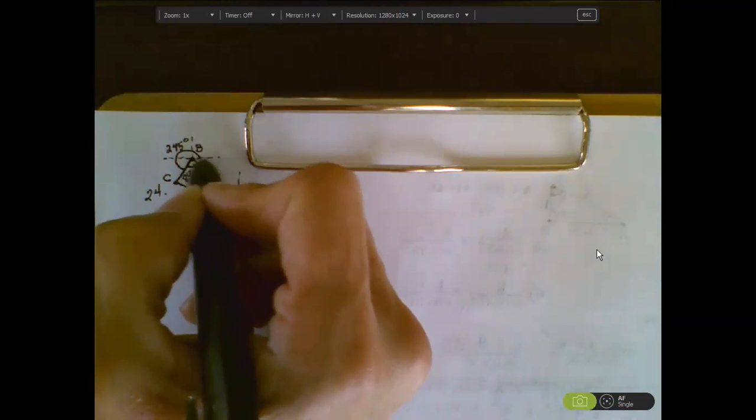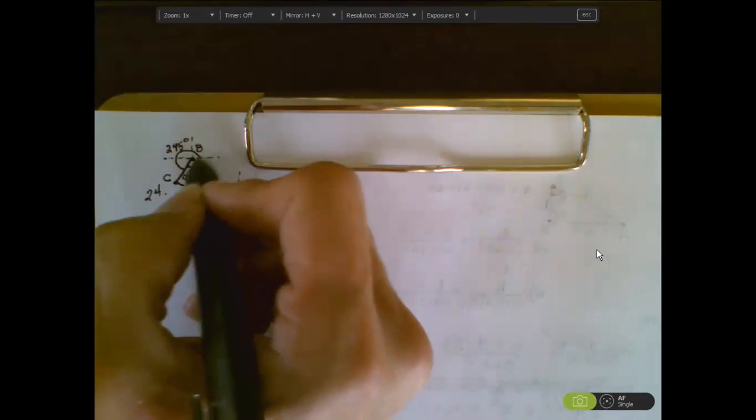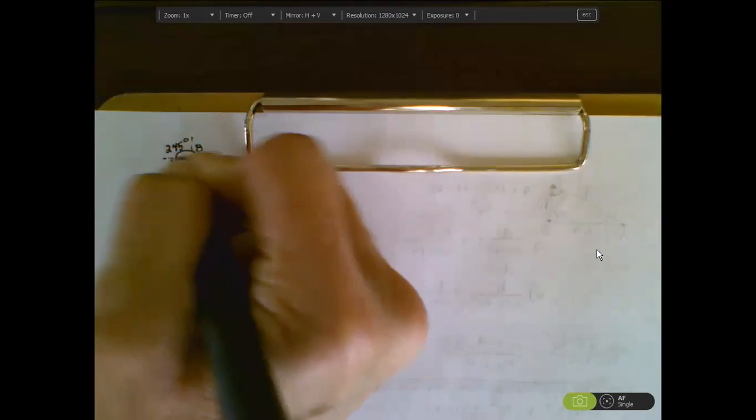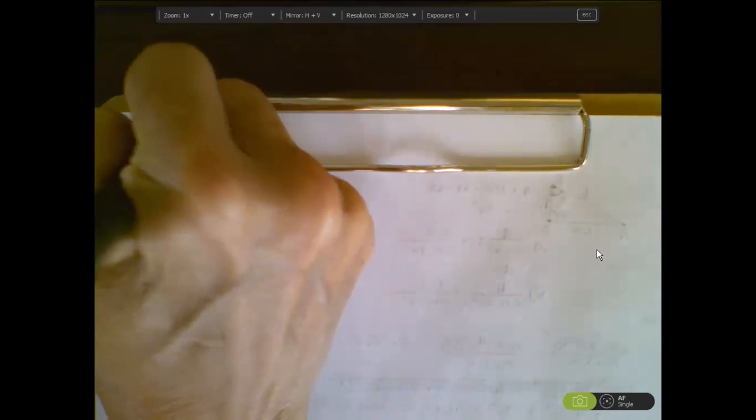If from this positive x-axis to where the plane turned is 245 degrees, what's this little angle right here that I've just marked? Is that 65? Yeah, I said a minute ago the plane went 180 degrees and then another 65. So that's a 65 degree angle right there.